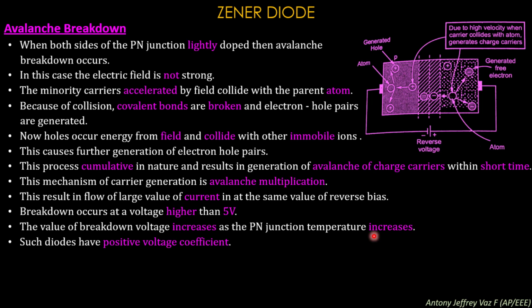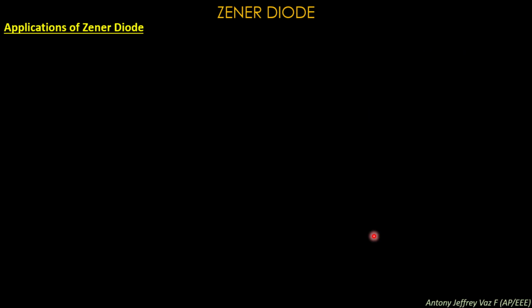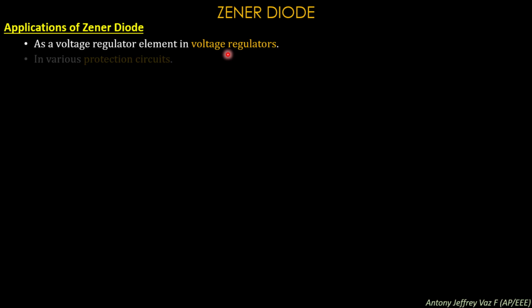Today we have seen the characteristics of the Zener diode, the VI characteristics, and the two distinct breakdowns which occur in the Zener diode: Zener as well as avalanche breakdown. These diodes have three applications. They are used as voltage regulators, in protective circuits, and in Zener limiters.